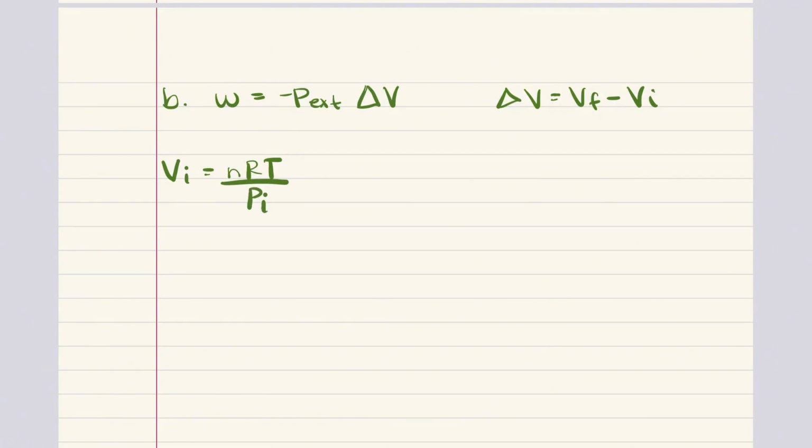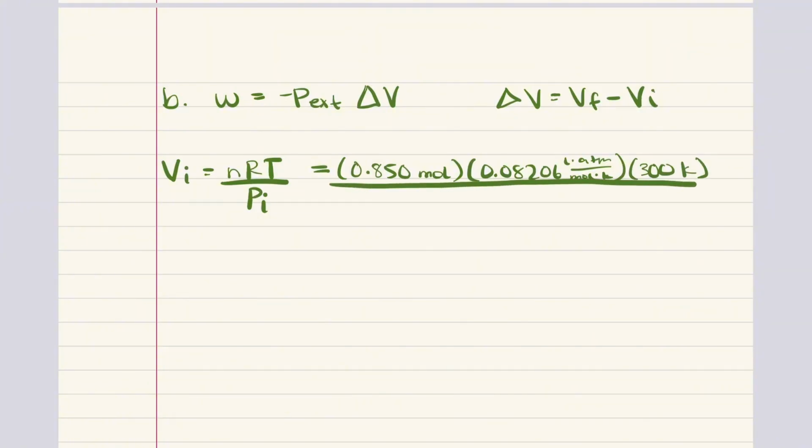For the initial state with a pressure of 15 atmospheres, the initial volume is equal to 0.850 moles times 0.08206 liters times atmosphere per mole times Kelvin, and that is multiplied by 300 Kelvin. All of that is divided by 15 atmospheres. This gives us an initial volume of 1.40 liters.